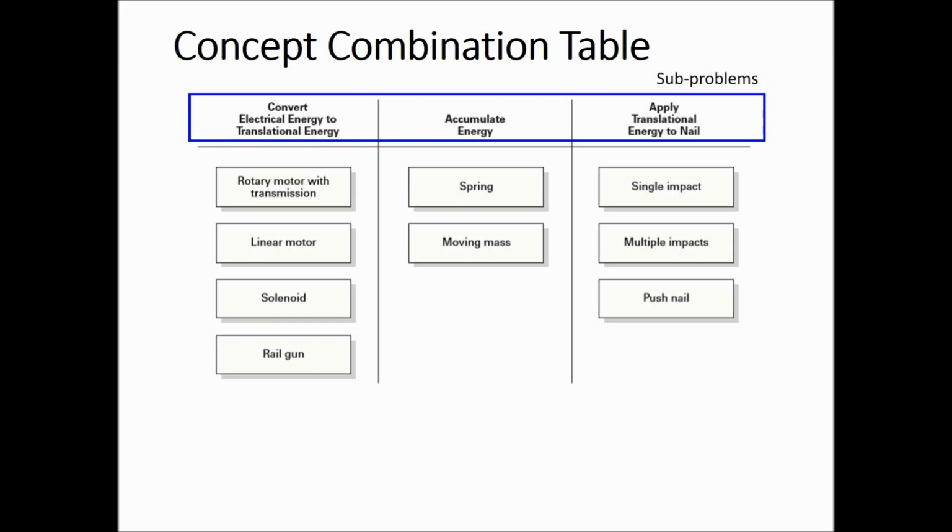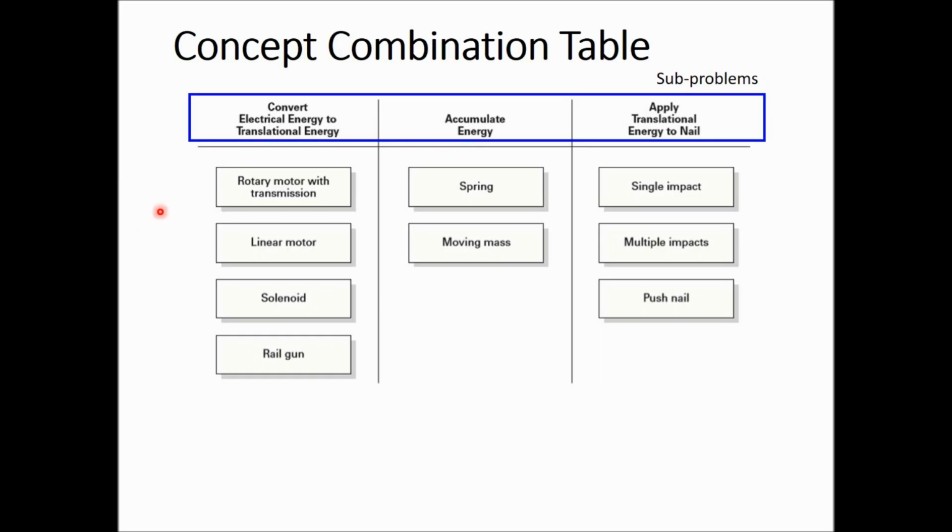Now, in this particular problem, we have identified three different sub problems for each category. We have three categories initially for functional decomposition, that is material flow, energy flow, and the signal flow. For each category, we divided each category into three sub problems.